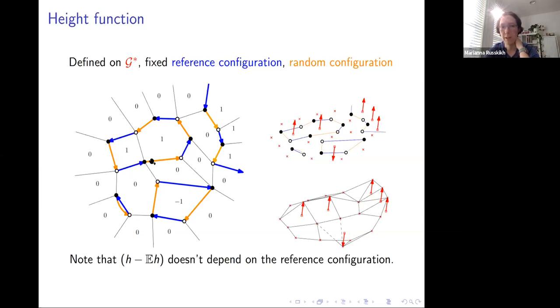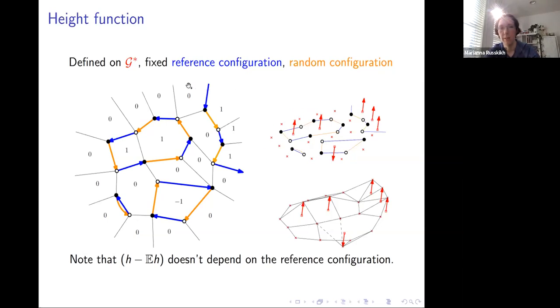And now the height function changes by plus or minus 1 if we cross a loop, depending on the orientation of the corresponding loop. So here is an example. And this definition allows us to give a random surface interpretation for a height function, just using the height as a third coordinate.